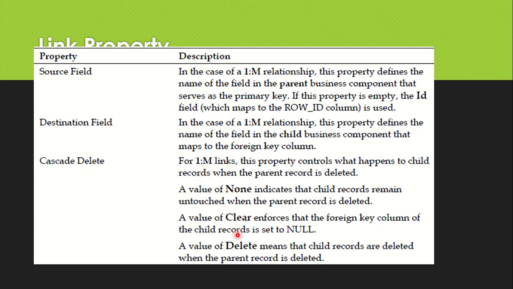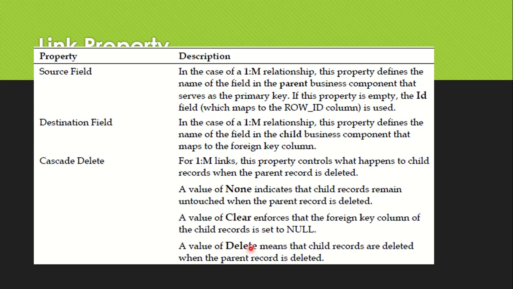If we delete the parent record and cascade delete has the value delete, then whenever the parent record gets deleted, the child record will get deleted. So whenever we delete the parent record, Siebel takes care of the child records and deletes them. So from the link we can specify that if cascade delete is delete, then when the parent record gets deleted, the child record will also get deleted.